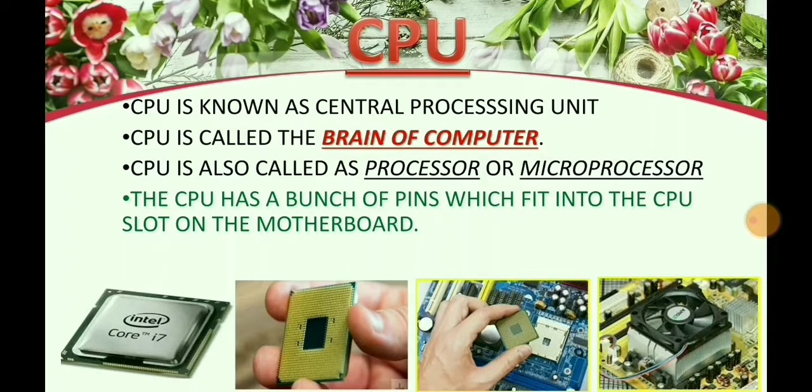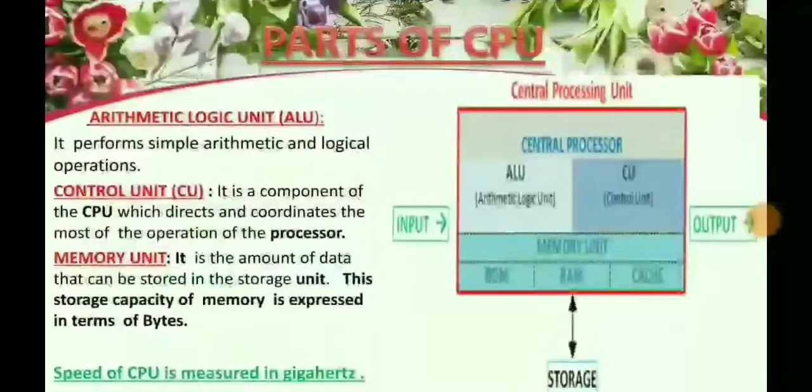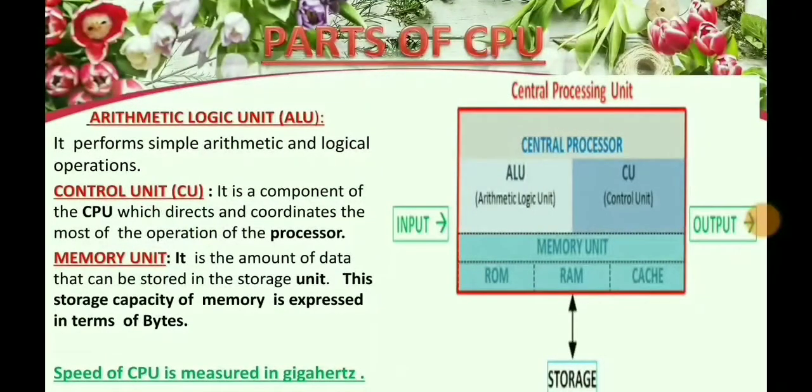Now next is parts of CPU. CPU basically has three parts: arithmetic and logic unit, that is ALU. Second is control unit, that is CU. Third is memory unit, that is MU. Now, what is the function of ALU?